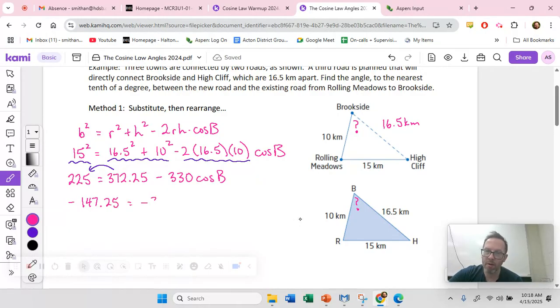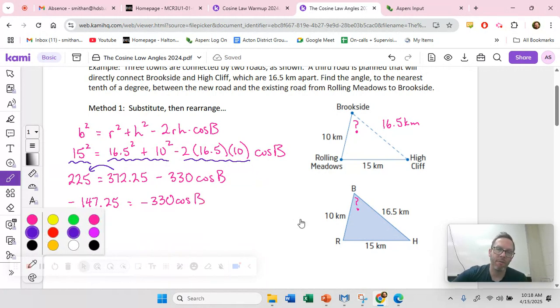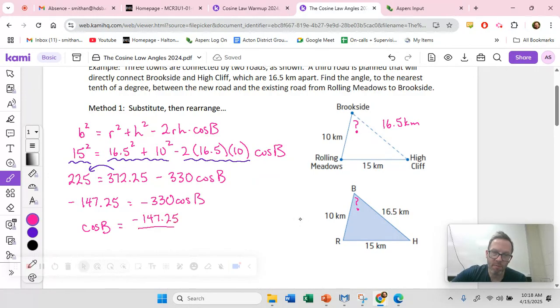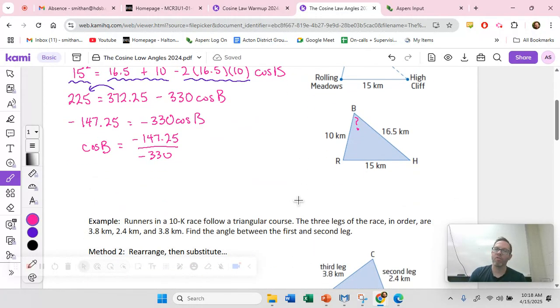We're almost there, because now we can get cosine B by itself by dividing both sides by negative 330. To get cosine B by itself, we just use division. Now we're pretty much done. Let's do that division, get the decimal, and then use inverse cosine to get angle B.